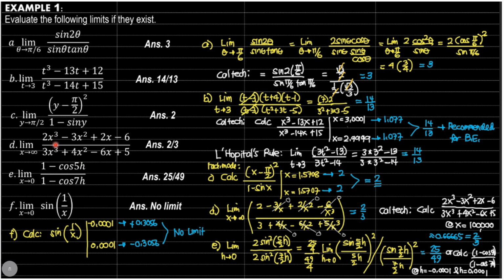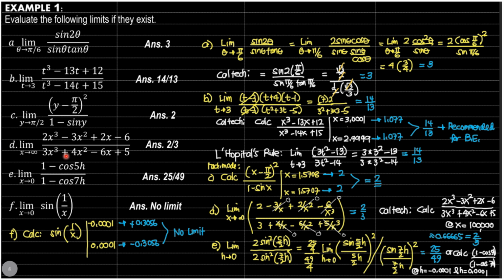So this becomes 2 minus 3 over x plus 2 over x squared minus 6 over x cubed, and the denominator is 3 plus 4 over x minus 6 over x squared plus 5 over x cubed. As x approaches infinity, any value divided by a very large value approaches 0. So the second, third, and fourth terms in the numerator and in the denominator will be 0, and it will leave us 2/3 as a result. So the limit is 2/3.